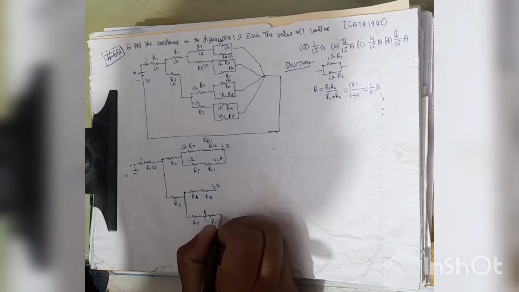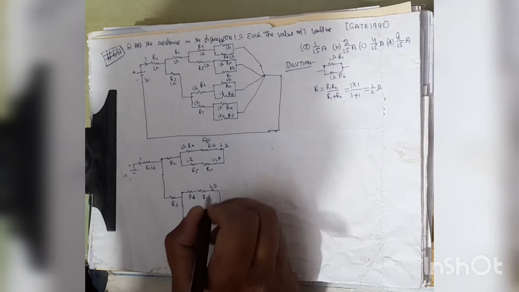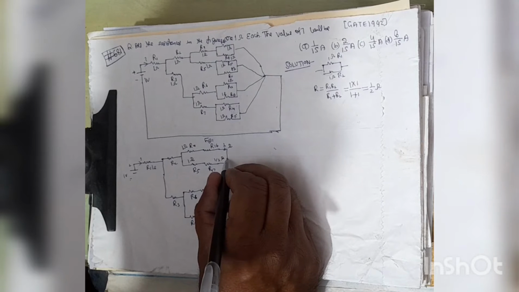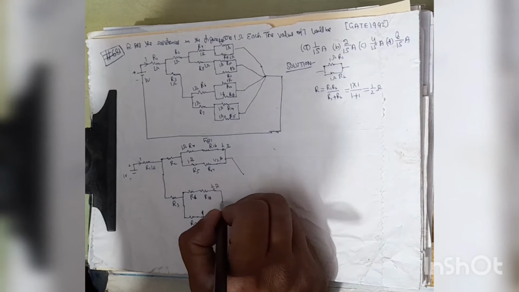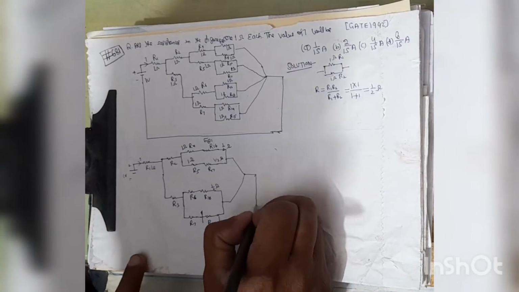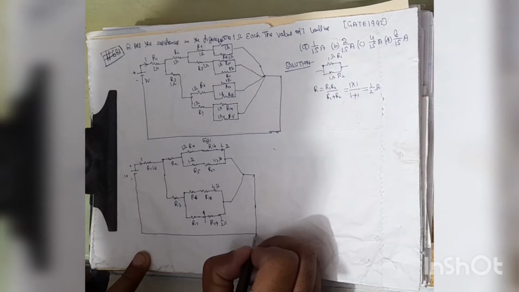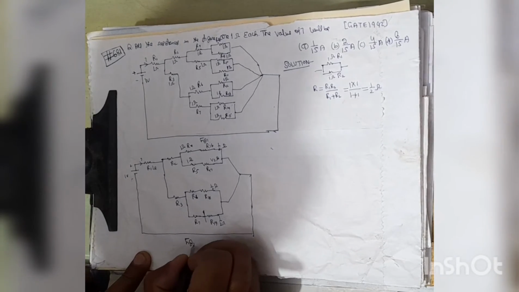This R19 is half ohm. Let this be figure 2.